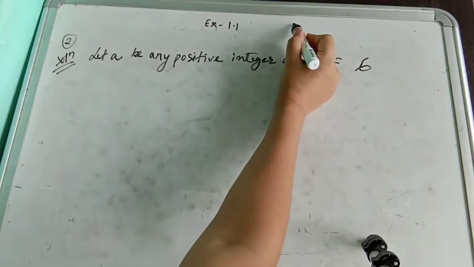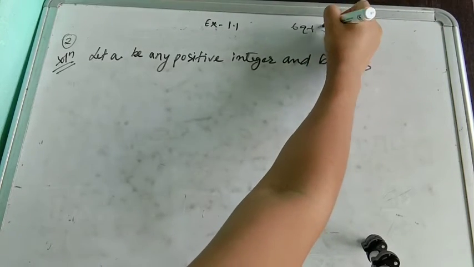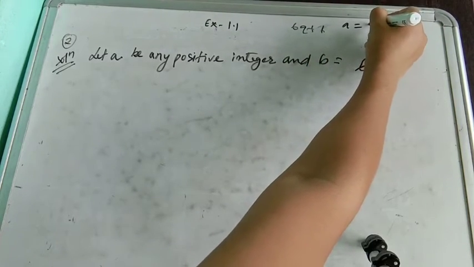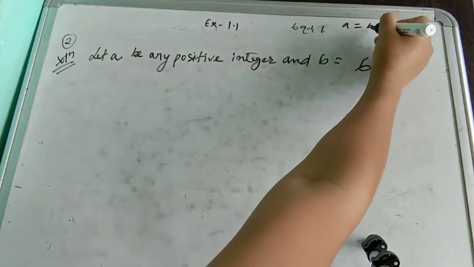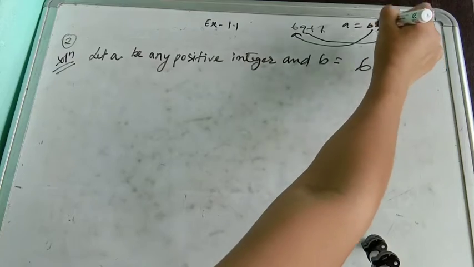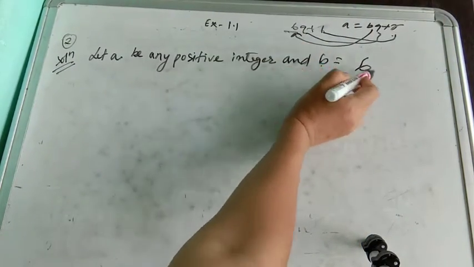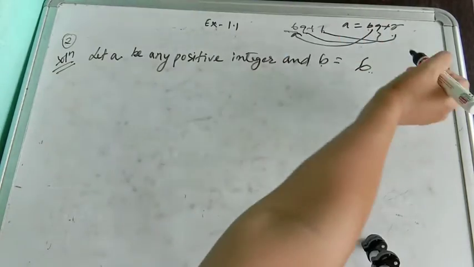Now why B equals 6? See, we have 6q plus 1 here. And according to Euclid's division algorithm, A equals BQ plus R. So here B equals 6, Q is Q, and R equals 1. Therefore B equals 6.